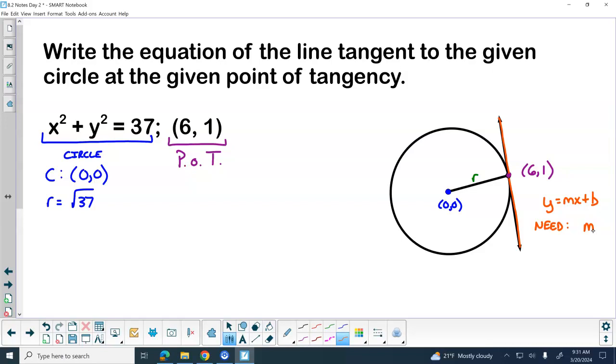Nope. That would be the Pythagorean theorem. So that's still going to be a no. What are some ways that we've described slope in the past? Rise over run.